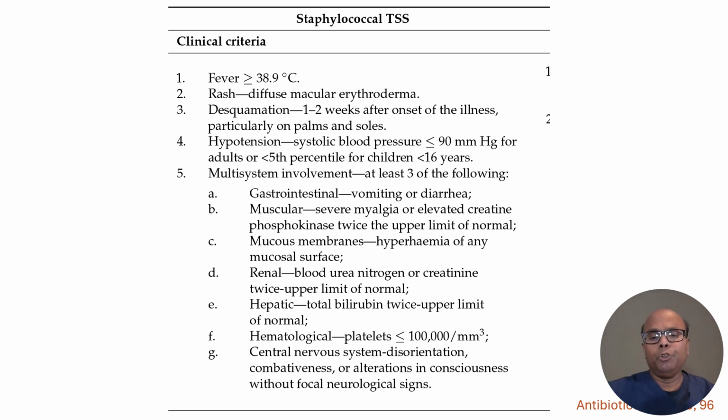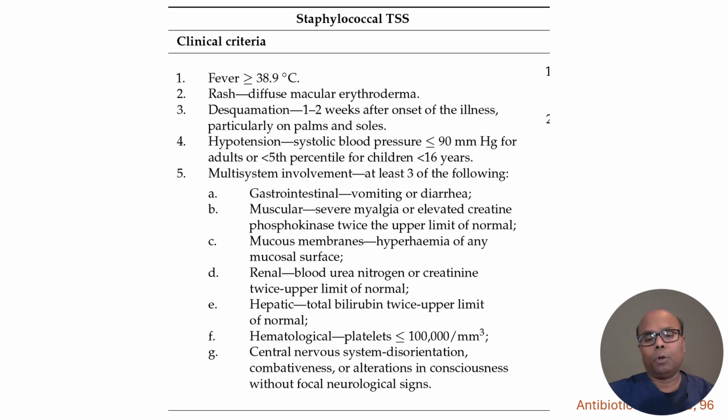They have diffuse macular erythroderma. Desquamation happens 1 to 2 weeks after the onset of illness, particularly on palms and soles. Hypotension: systolic blood pressure less than 90 in adults, less than 5th percentile for children less than 16 years. They often have multi-system involvement.